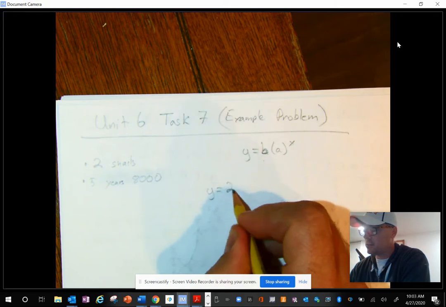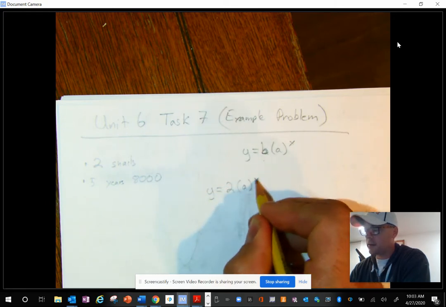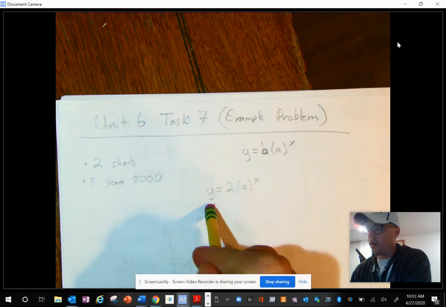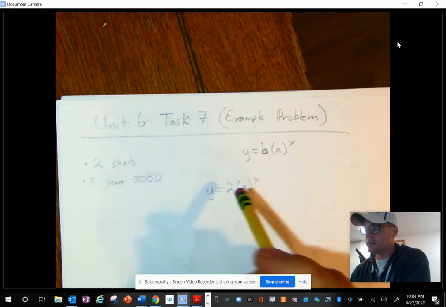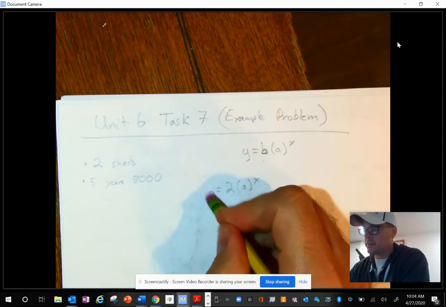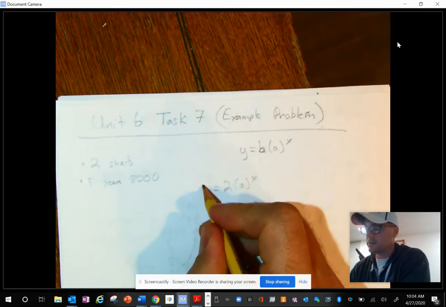So we have y equals 2 times a to the x. We know that at year 0, when we first released them, there were 2 snails.